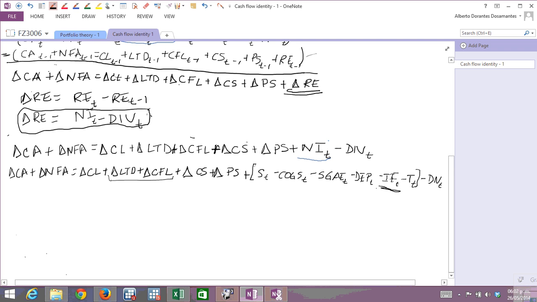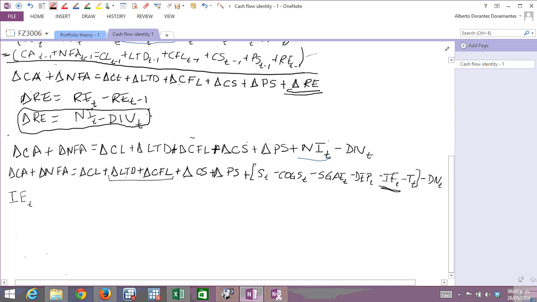Then what happens if I just move these three terms to the left hand side? Since interest expenses has a negative sign before the amount, I'm gonna put here interest expenses now with positive.